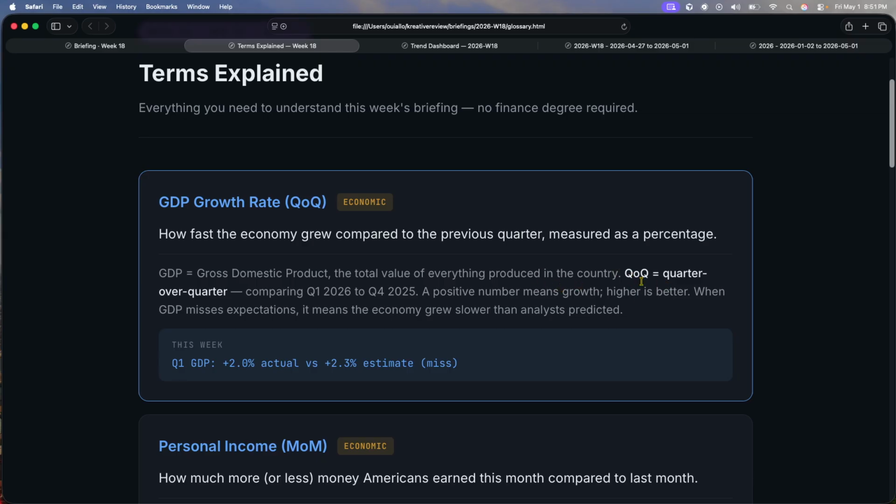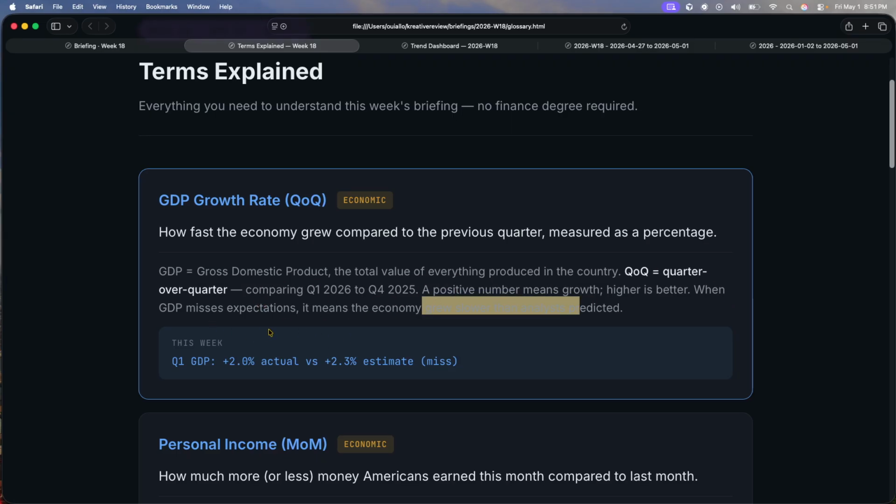So Q over Q, quarter over quarter, a positive number means growth, right? Higher is better, and when GDP misses expectations, it means the economy grew slower than analysts predicted. This week we're looking at GDP for Q1, which is 2.1, and the expectation was 2.3, so it's a slight miss by 0.3%, right?